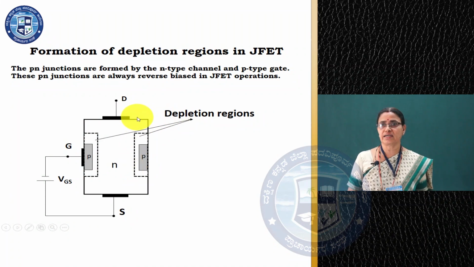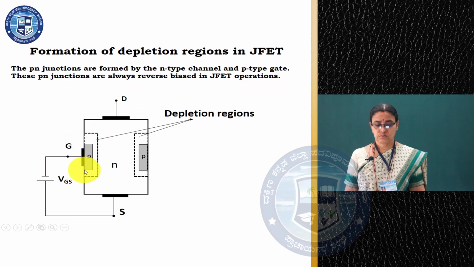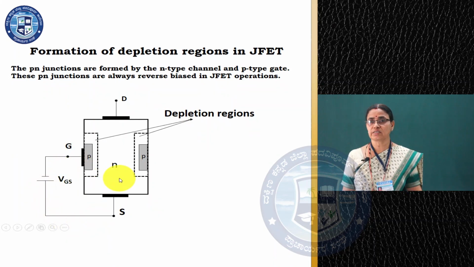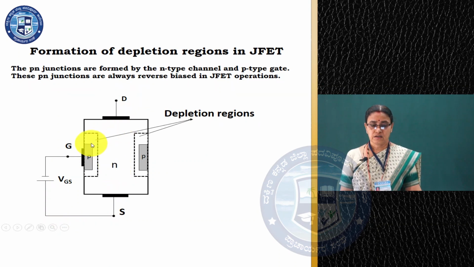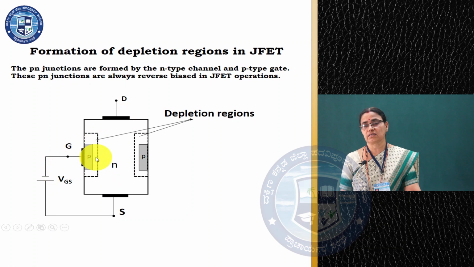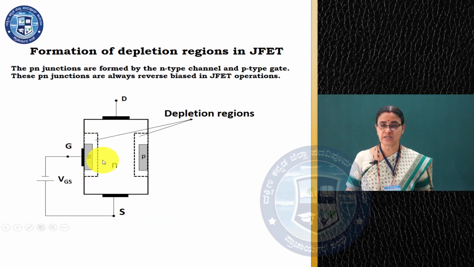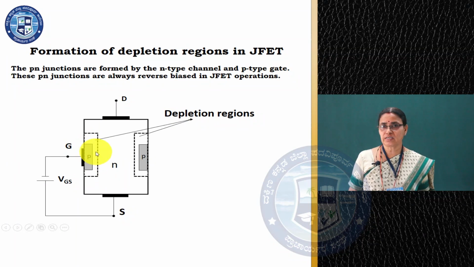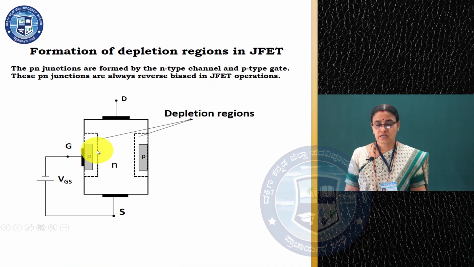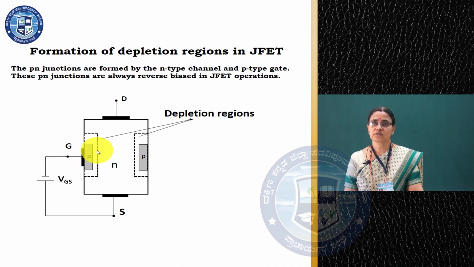So I consider here separately, gate is connected reverse bias to the VGS, in the sense negative connected to P type and positive connected to the N type. Here P type holes are the majority charge carriers, N type electrons are the majority charge carriers, they diffuse into one another, which forms a depletion region near the junction, and it will extend according to the doping level of the materials used.